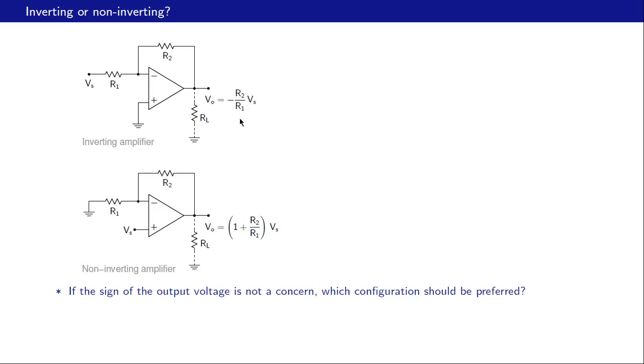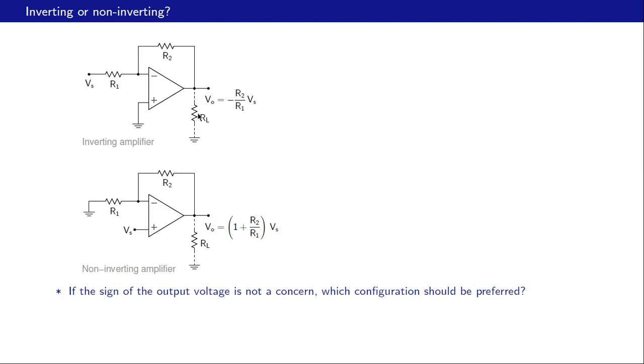We can easily find R1 and R2 for a given value of gain. And suppose the sign of the output voltage is not a concern. So let's say we don't really mind this negative sign there. Then which configuration should be preferred? That is the question that we want to answer now.